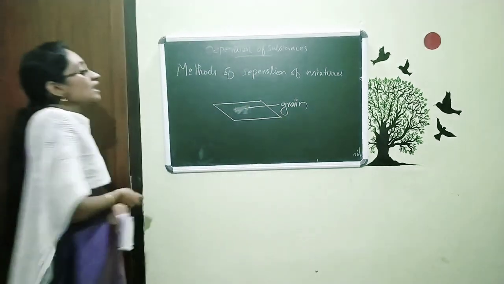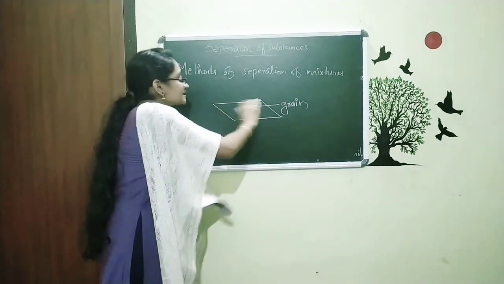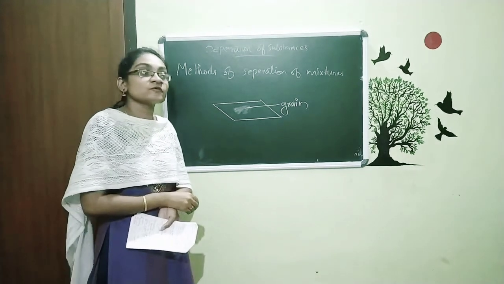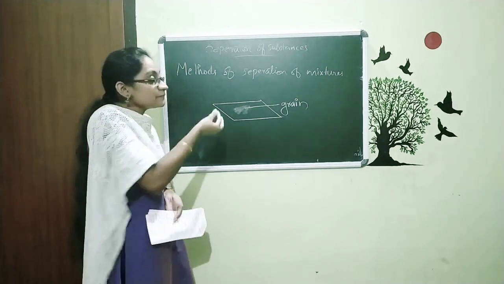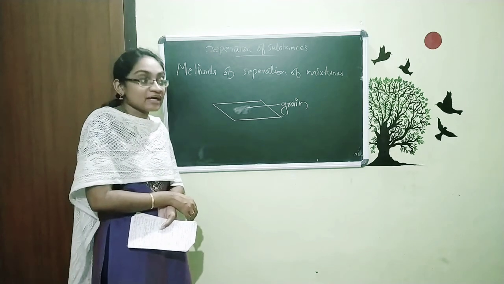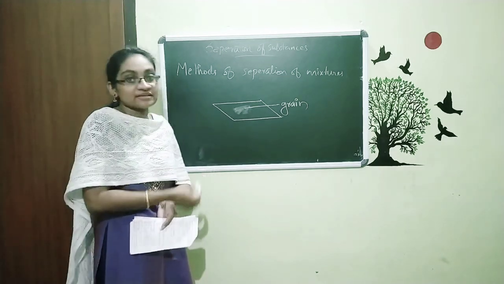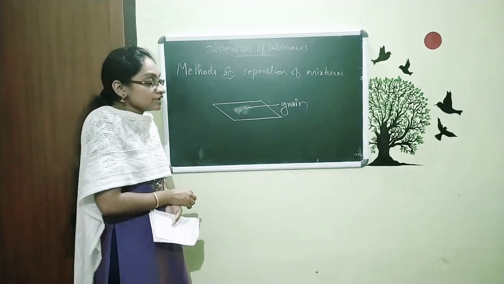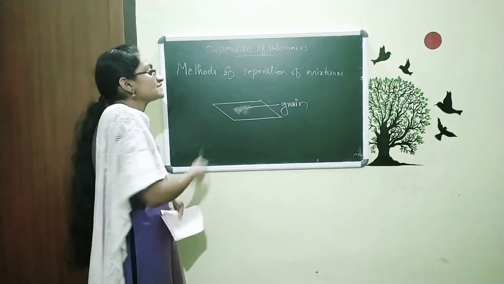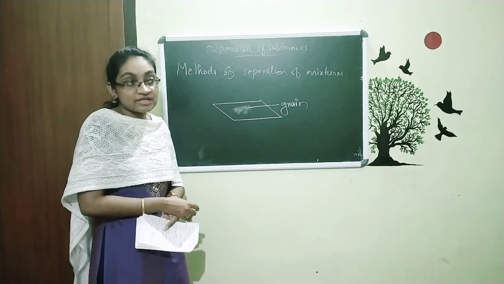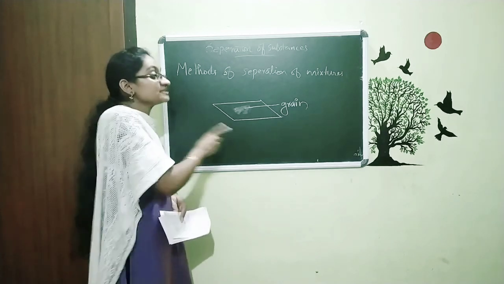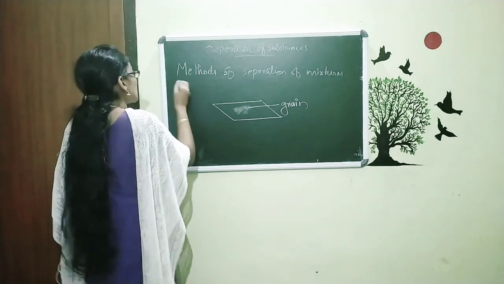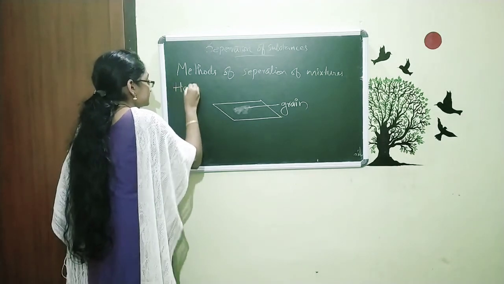When I spread this grain on the paper, I can see that there are some stones, some pieces of grain, some gram, some pulses, some type of things mixed with this. Now, in which method will I separate that? I will separate this using the method called picking or hand picking.